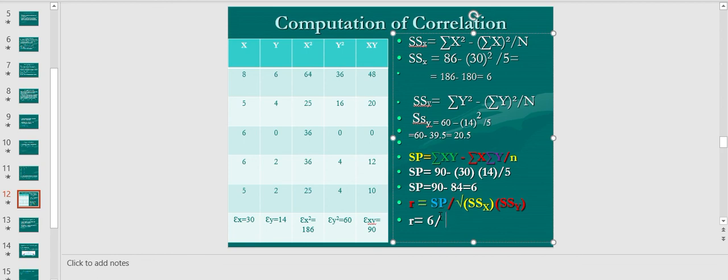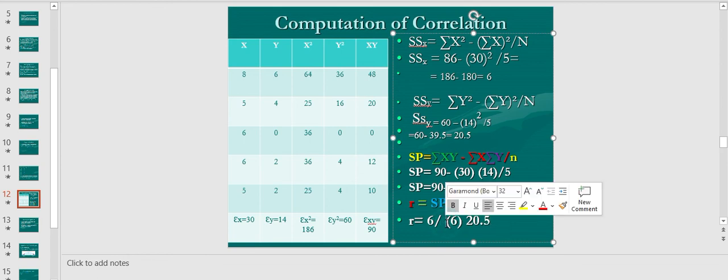SSX is 6 and SSY is 20.5, and the square root.